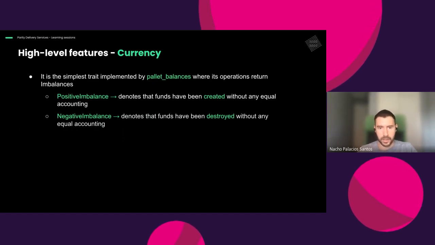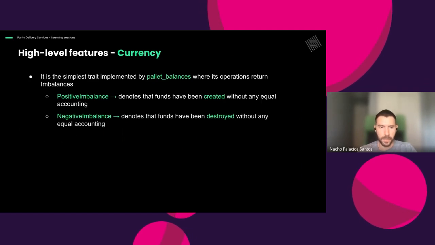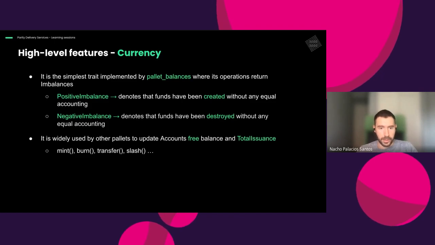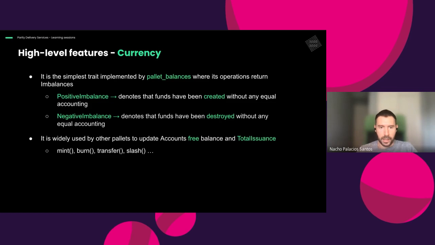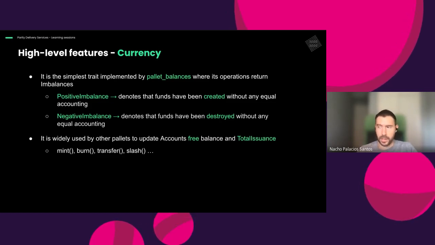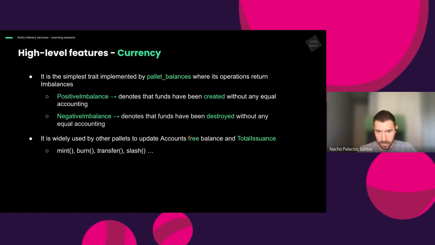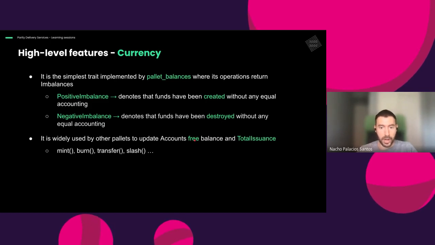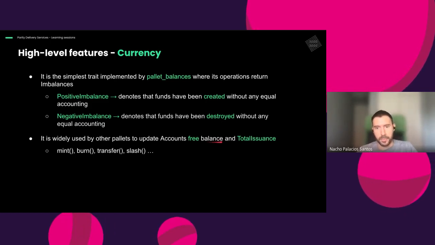A negative imbalance denotes that funds have been destroyed or burned without any equal accounting. This is widely used by the other pallets in FRAME to update accounts' free balance and TotalIssuance. Remember the free balance, because we'll see later how the balance is more complex. There are more attributes, not only free balance.